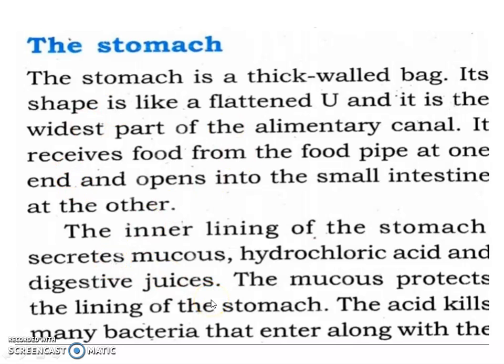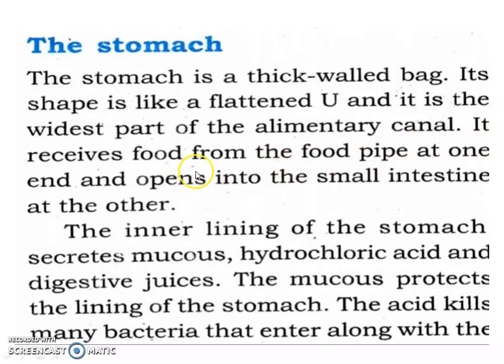As we know, the third part of digestion in humans is the stomach. The stomach is a thick walled bag. Its shape is like a flattened U and it is the widest part of the alimentary canal.